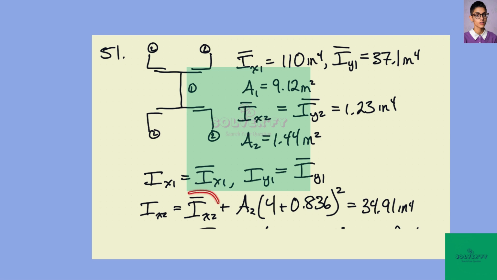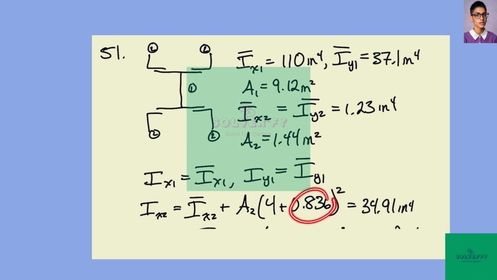So we get its centroidal area moment about the x-axis plus its area times 4 inches, because this distance from the top of this flange to its middle is 4 inches.